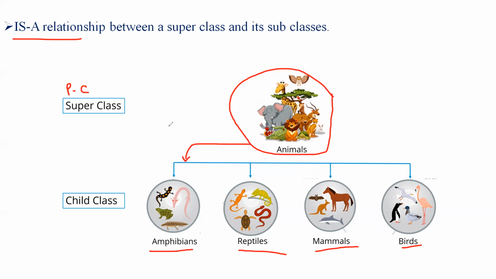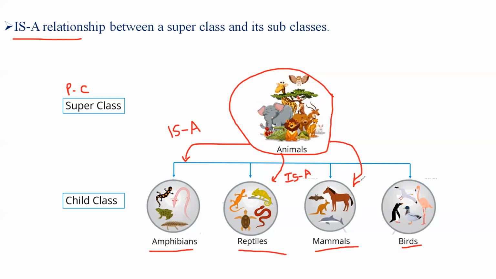So an amphibian is an animal. The next one, reptiles, come under the group of animals, so a reptile is an animal.